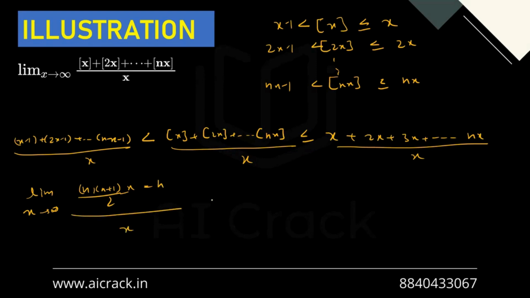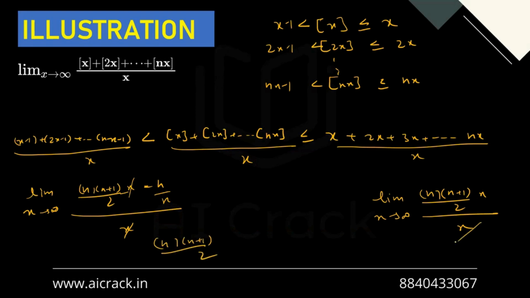And for this it would become limit x approaches infinity, n(n+1)/2 x whole divided by x. Now we can clearly see that if n is finite, this cancels out, this becomes x, this becomes basically 0 over here, and we have got the limit as (n+1)/2 times n. Similarly over here, this x gets cancelled out, we get the limit as n(n+1)/2.